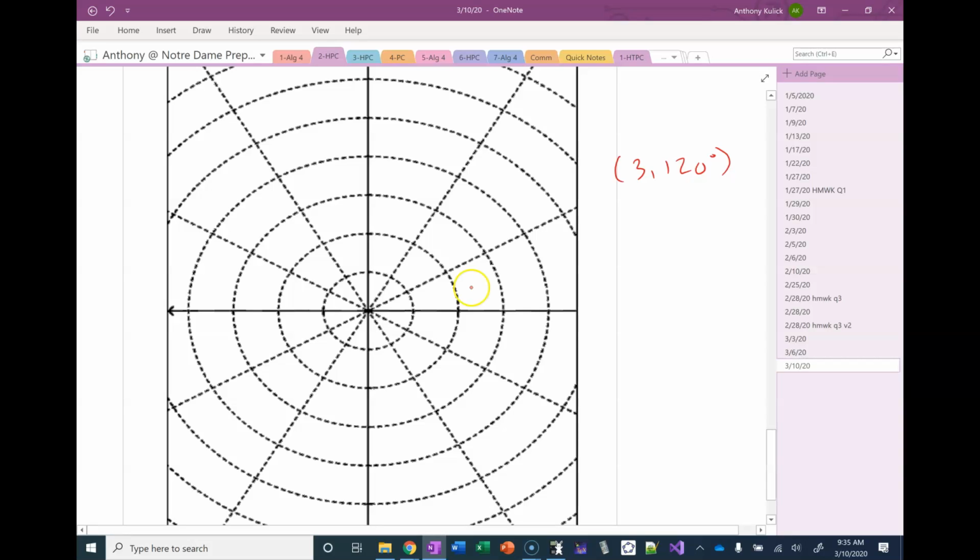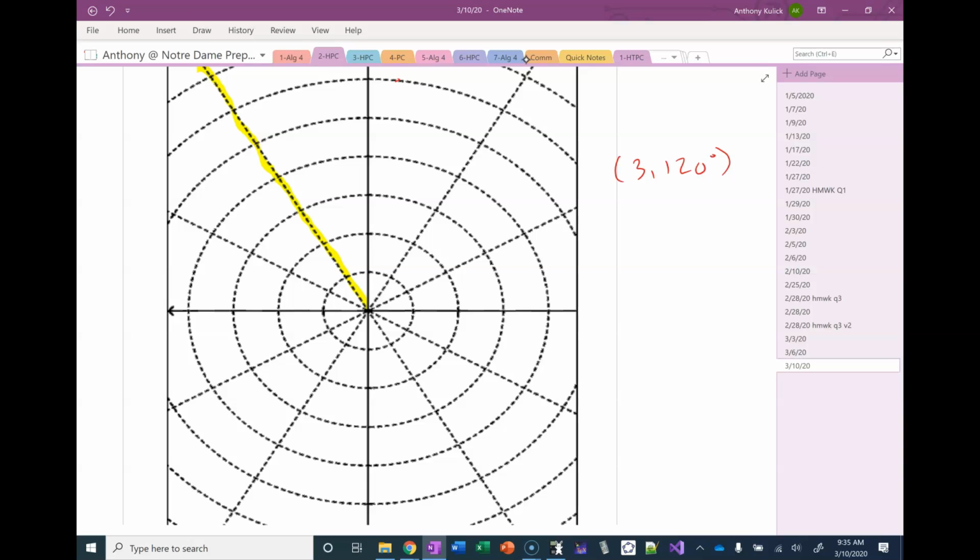So remember, here we're at 0, and then it's 30, 60, 90, and so this line here is the 120 line. Everybody okay with that? You see how I counted over to find that?